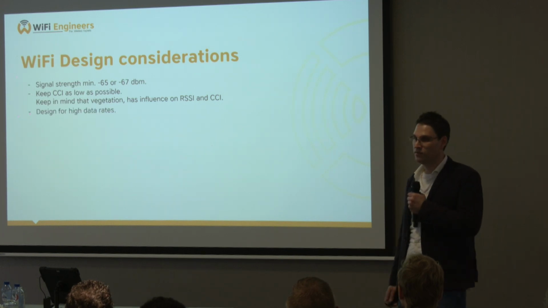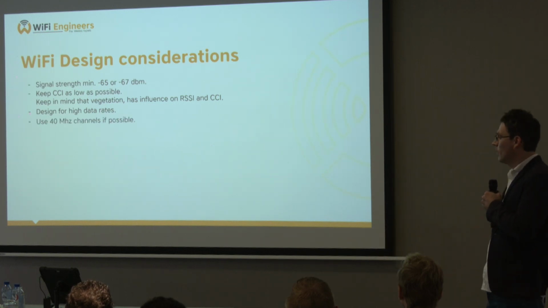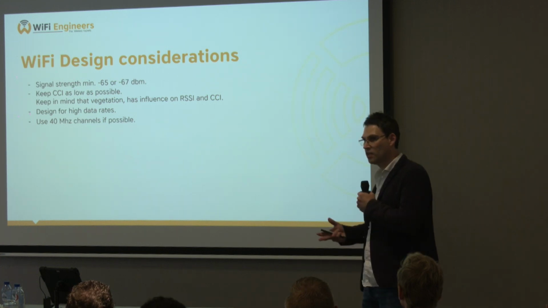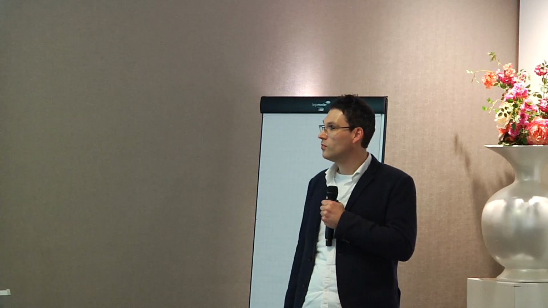Try to design for the highest possible data rate. You can go for, let's say, 40 or 20 megahertz wide channels. It depends on your situation, but if you want to design for high performance, try where possible to move to 30 megahertz until you come to the point where you say, okay, this isn't going to work, I need to go back to 20 megahertz channels.